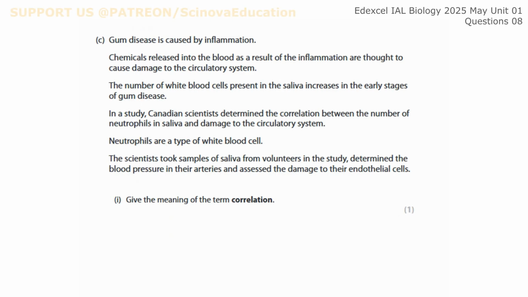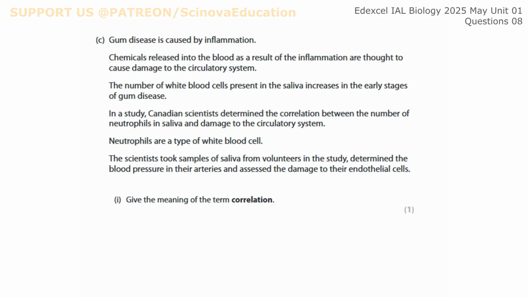Part C. Gum disease is caused by inflammation. Chemicals released into the blood as a result of inflammation are thought to cause damage to the circulatory system. The number of white blood cells present in saliva increases in the early stages of gum disease.